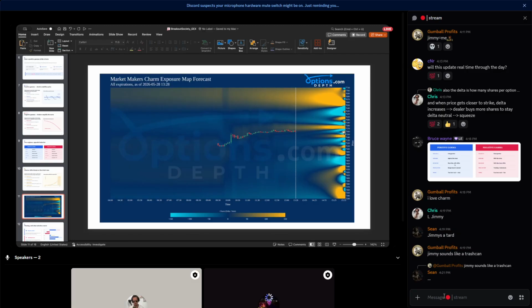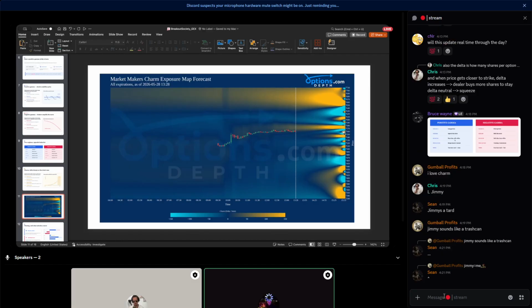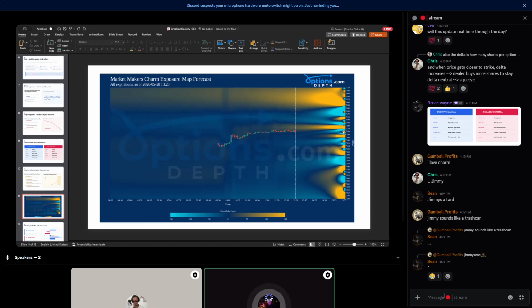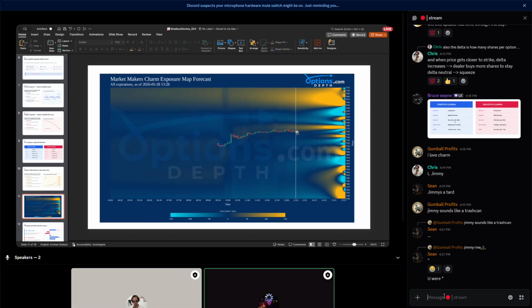But what you can use this for is finding those massive, massive moves at the end of the day. For example, if I was a degenerate gambler, I might want to make the bet that price would end up here. It would make sense from this picture, if you're looking at it from this point of view, that price may just gravitate towards here at the end of the day.